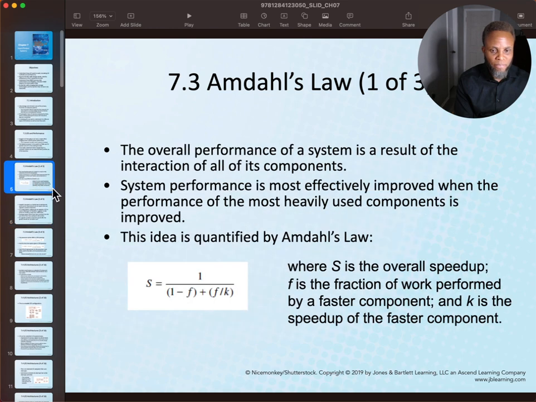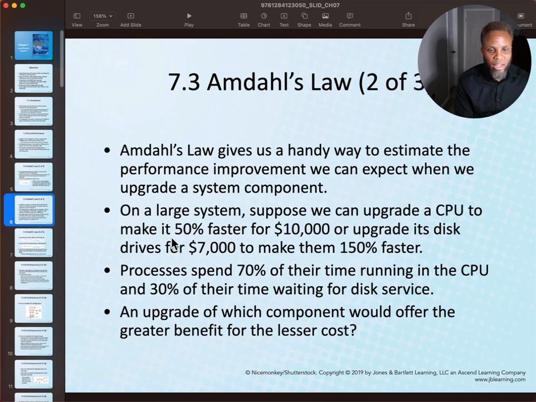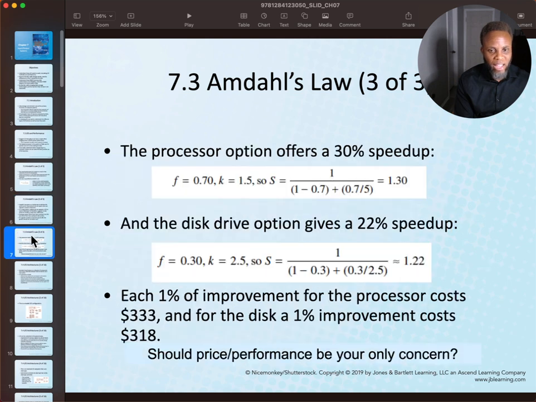F is the fraction of work performed by the faster component, and K is the speed up. So if 70% is the percentage of time spent on the CPU, then F for the CPU is 0.7.